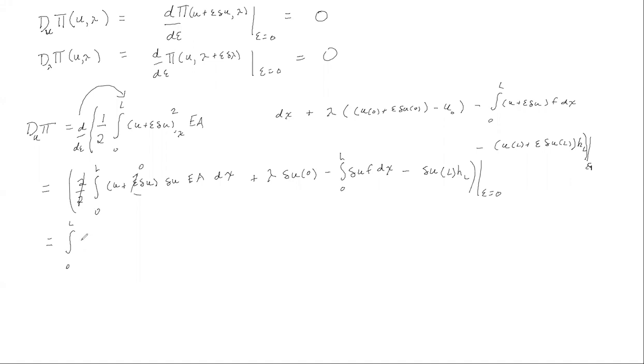Maybe we'll switch this around: the integral 0 to L of delta u, E, A, u, dx, plus lambda delta u at 0, minus the integral 0 to L of delta u f dx minus delta u at L h sub L. And what this derivative is, for it to be the derivative, it has to work for all.